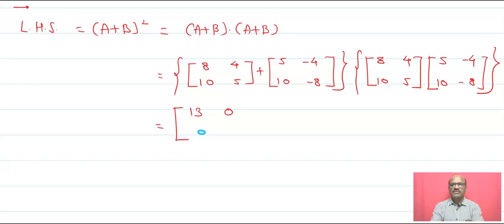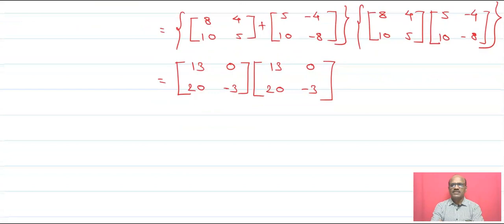Therefore, their addition is 13, 0. And next is 20 minus 3, that is 13, 0, 20 and minus 3. One mistake was there in the second bracket, there must be an addition sign, plus sign must be there. Now first row, first column, first row, second column.